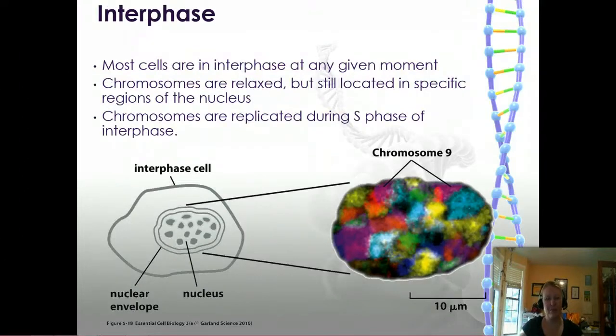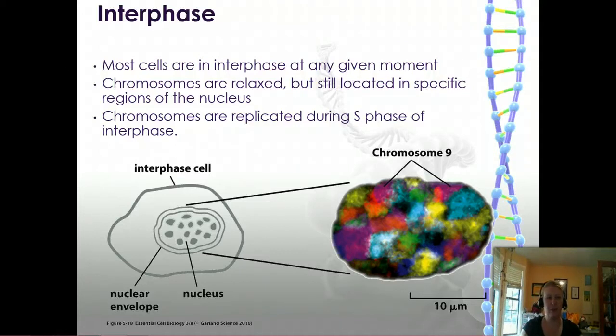As I mentioned, most cells are in interphase at any given moment. That's the longest phase. In interphase, there's a specific subphase called S phase, and this is where the chromosomes are being replicated. When they're not in S phase, the chromosomes are still relaxed, but they're still kind of kept in different areas. And you can see through this coloration of the nucleus that there are specific areas where you can still find the chromosomes.